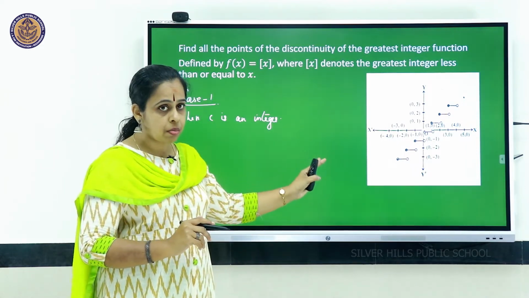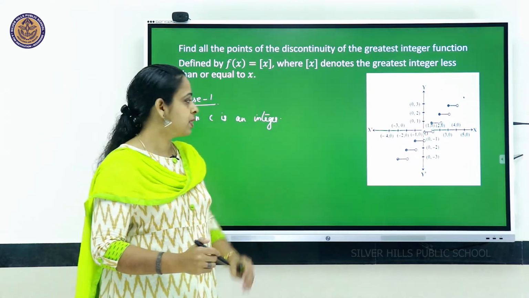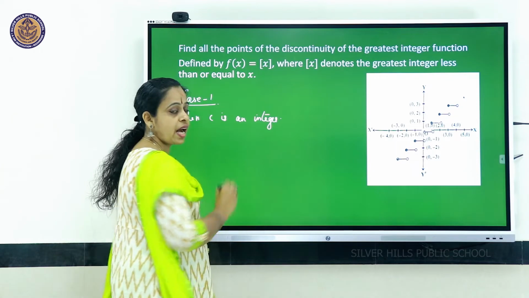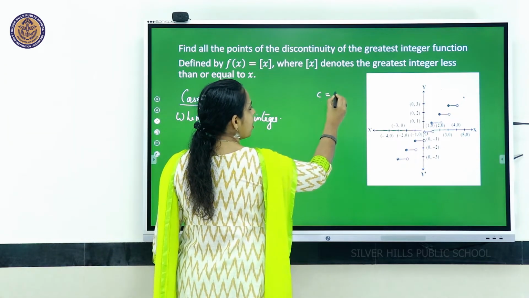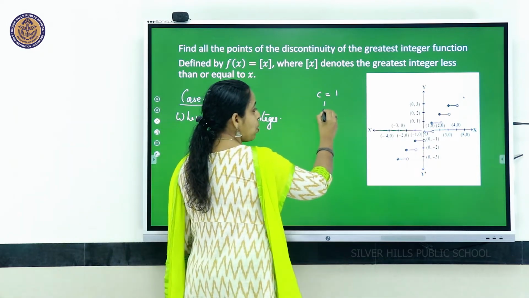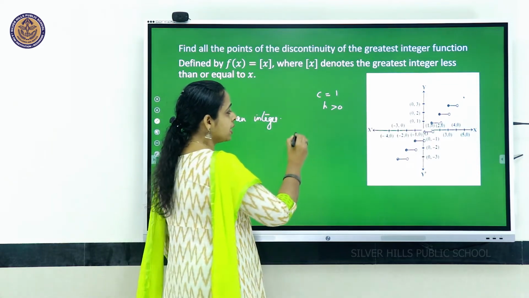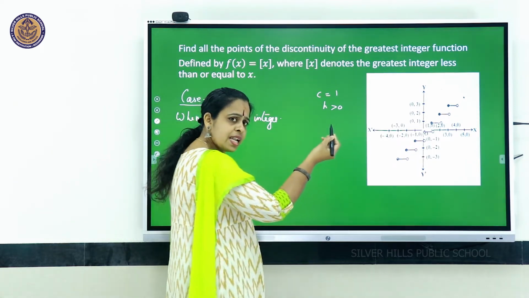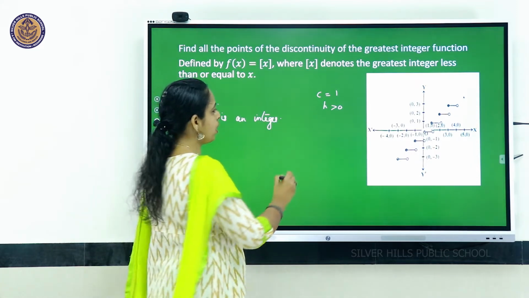I'll show one example this side, then come to the original part. So c is an integer. Let me take c for an example as 1. H is a small positive quantity. Let me take a number less than 1.